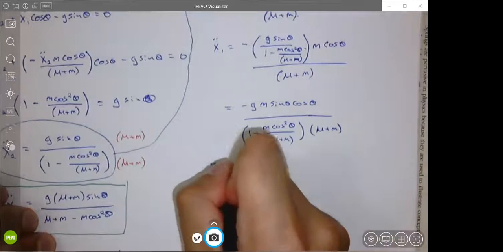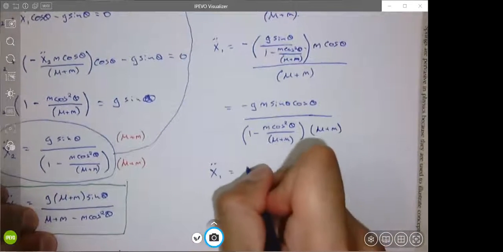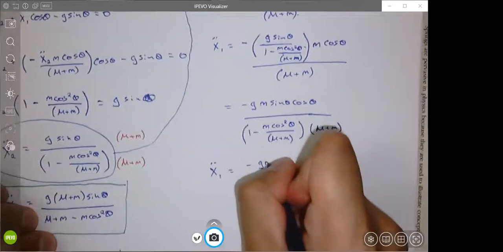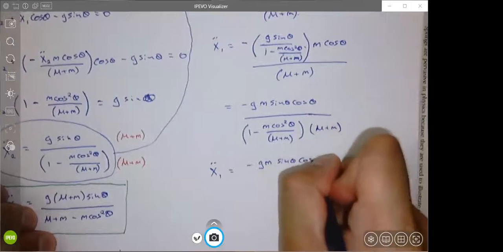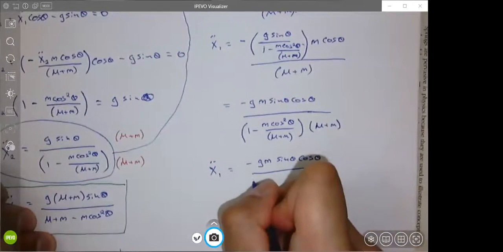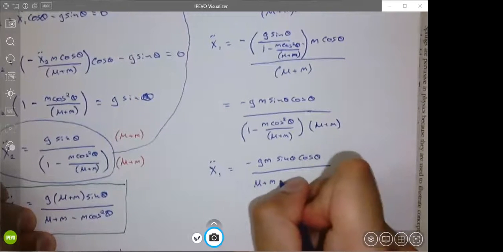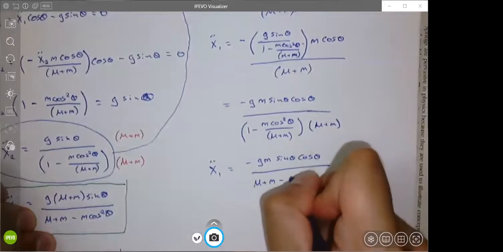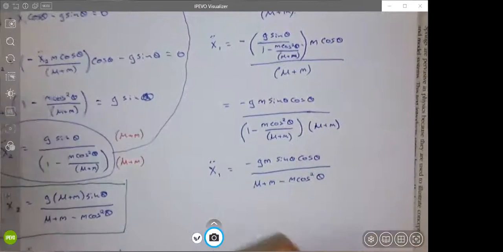So x double dot 1 is going to equal negative g lowercase m sine theta cosine theta divided by big M plus lowercase m minus m cosine squared theta.